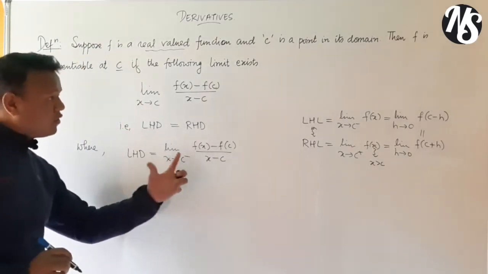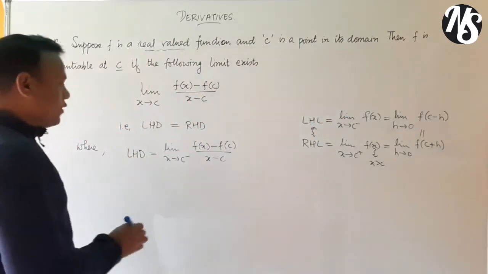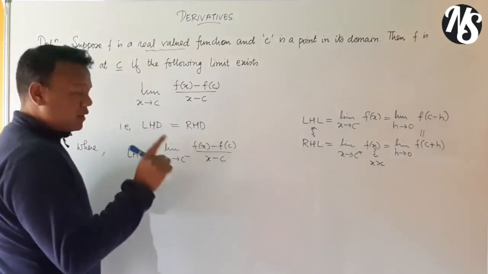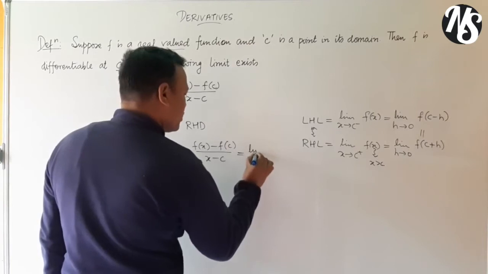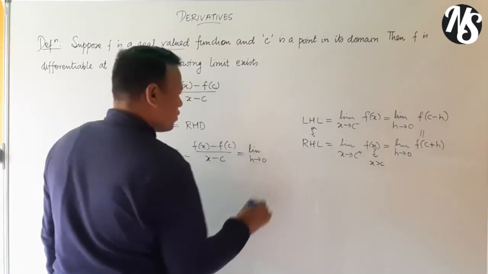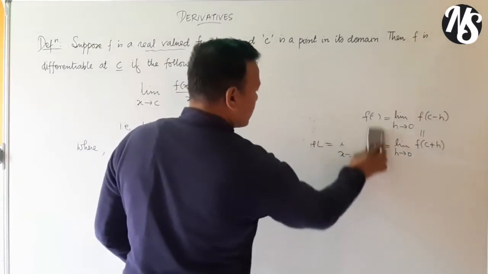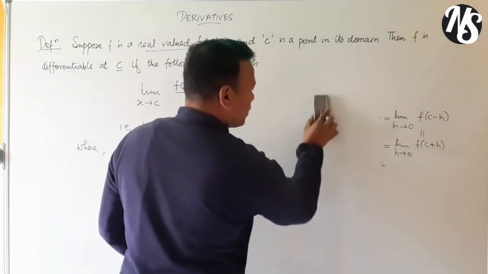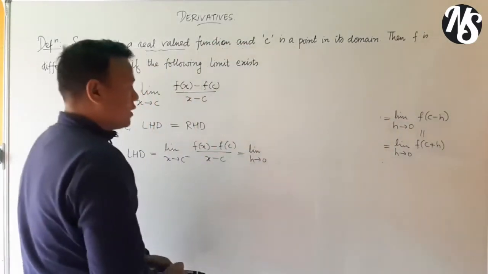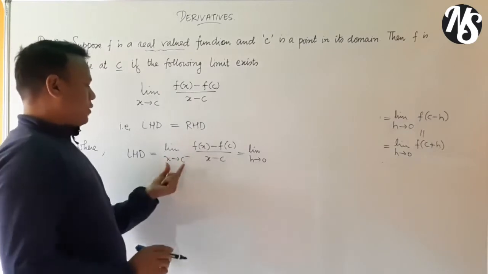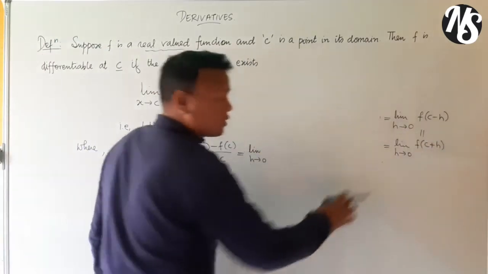Now let's redefine this particular thing in this way. Okay. So I'm going to introduce a new thing, that is limit h tends to 0. Okay. So I'm going to erase this part. So I hope you understood this. Okay. So this is my left hand limit. The upper one is the left hand limit and the lower one is the right hand limit. When I introduce this, you know that f(x) became this much, isn't it?